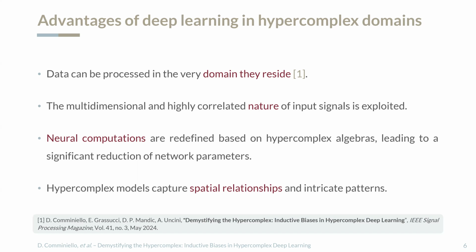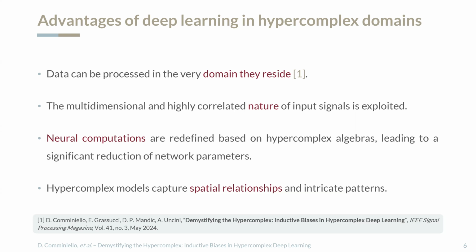Hypercomplex domain is very useful because we can exploit the multidimensionality and the highly correlated nature of the input signals. So hypercomplex models are very useful, especially when we have a strong correlation of signals. But of course, in general, when we deal with multidimensional or multimodal data, very often we can find some correlations.